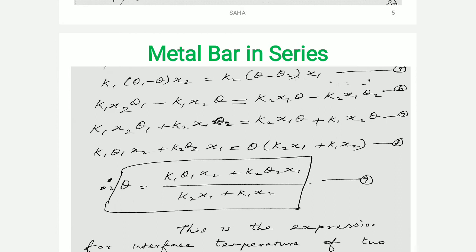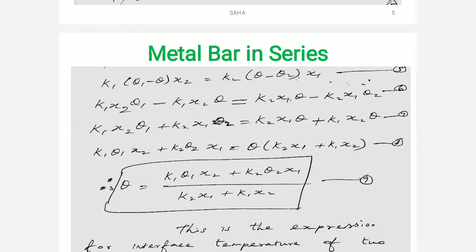From equation number 4, with A cancelled, we get equation number 6. On the left side x2 is multiplied inside, and on the right side x1 is multiplied inside. The values outside are multiplied into each value inside. On the left side K1 x2 is outside, so we multiply it into each value inside. On the right side K2 x1 is outside, so we multiply it into each value inside.